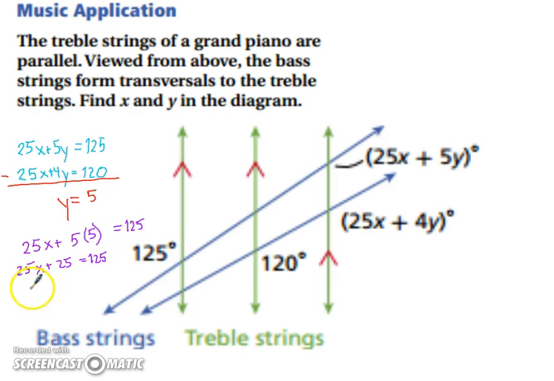Subtract 25 from both sides, so we have 25x equals 100. Then we can divide by 25 on both sides, leaving us with x equals 4. So y is 5 and x equals 4. And that concludes our lesson on angles formed by parallel lines and transversals.